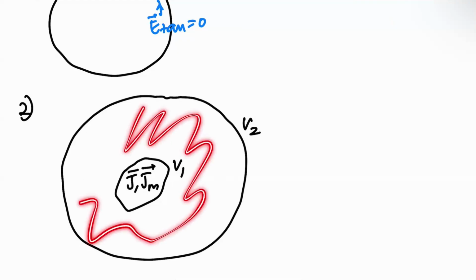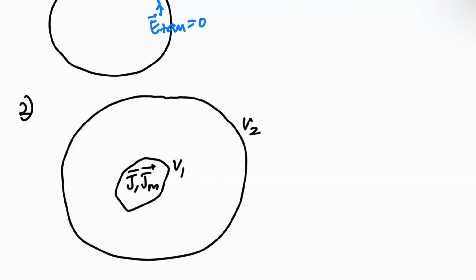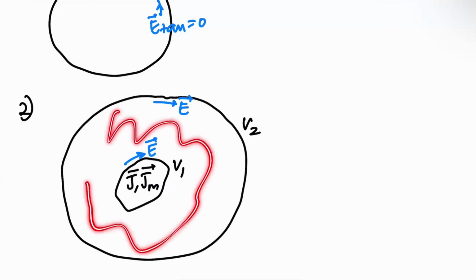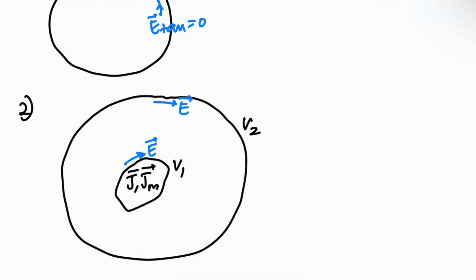That's another volume of its own. Now I know from uniqueness that if I specify the field on this surface and on this surface, that's enough to know what the field is uniquely in this volume.